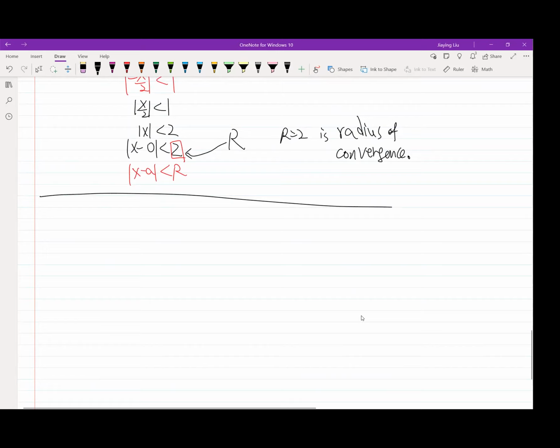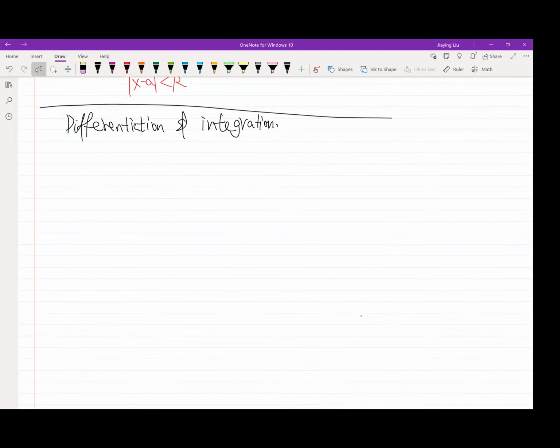So the next part is that we can differentiate and integrate power series. Differentiation and integration. So let me write down a couple definitions first, and then I'm going to go through a couple examples.